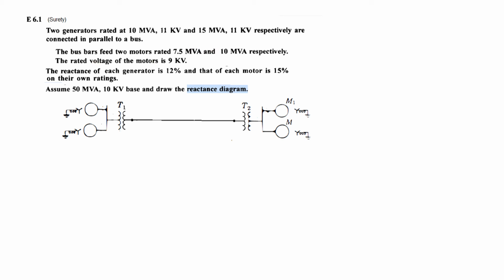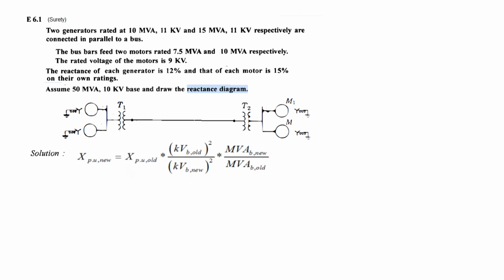So these are the two motors being fed. The reactance of each generator is 12% and of each motor is 15%. So these are the reactances in percentage. And assume a 50 MVA 10 kV base. So this will be used for calculation, and then draw the reactance diagram.